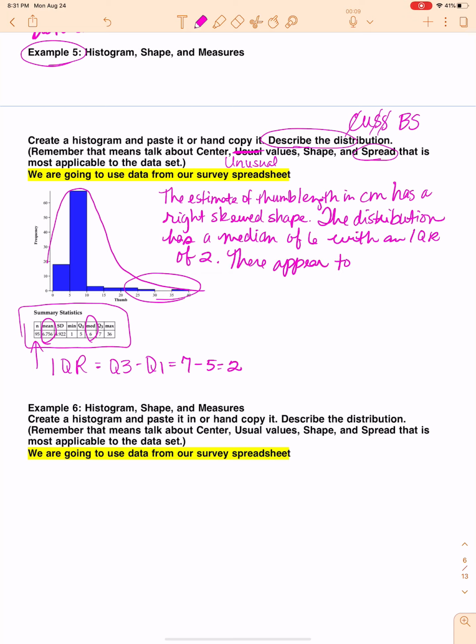There appear to be some values that are larger than the majority of the data.